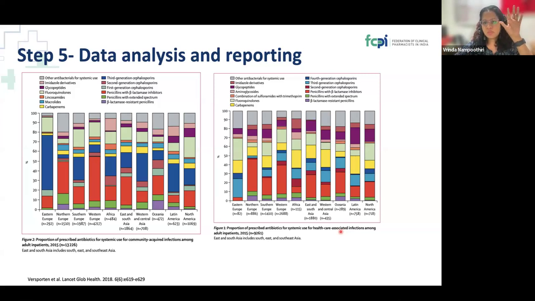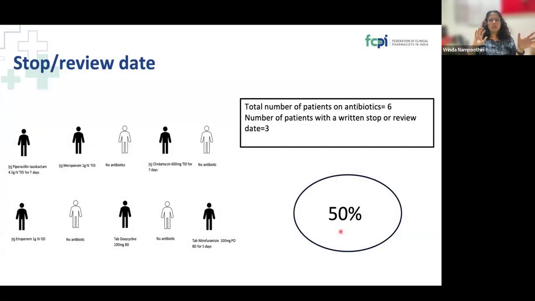So these are some of the key ways in which you can report your findings of a PPS to the clinical teams. So coming back to our case scenario, you have understood how you can do a PPS in your hospital setting, and what are the different methodologies and how you can present your findings.